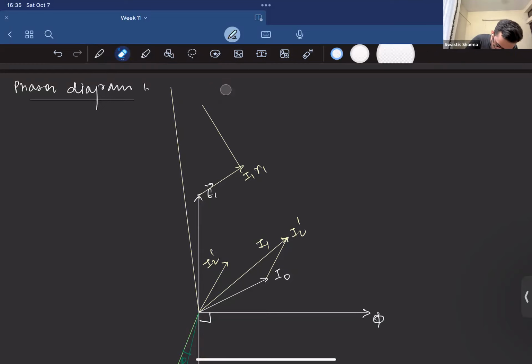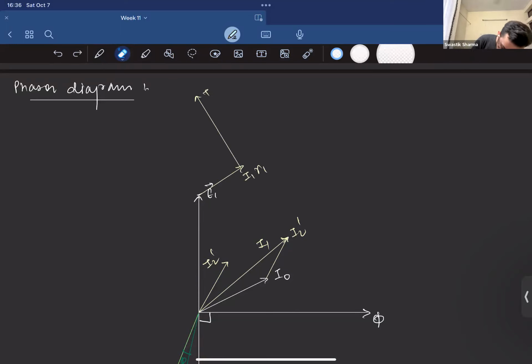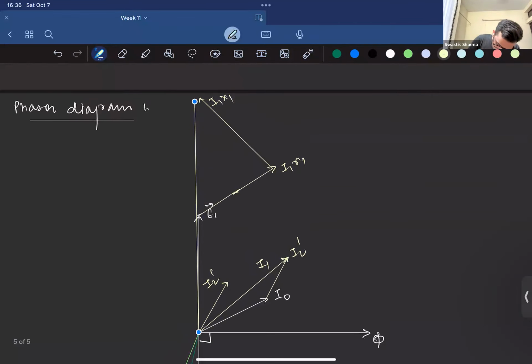Let's extend it. This is I1 R1. So somewhere here, this is V1, right?